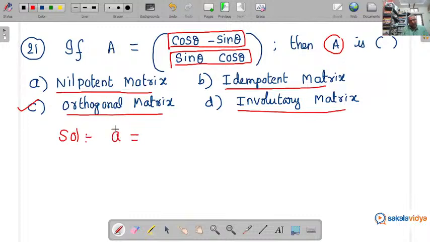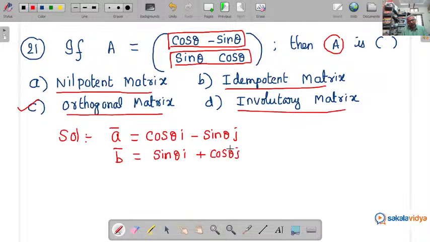Say A bar is cos theta i minus sin theta j, and B is sin theta i plus cos theta j. A dot B is the product of the i components plus the product of the j components: cos theta sin theta minus cos theta sin theta.